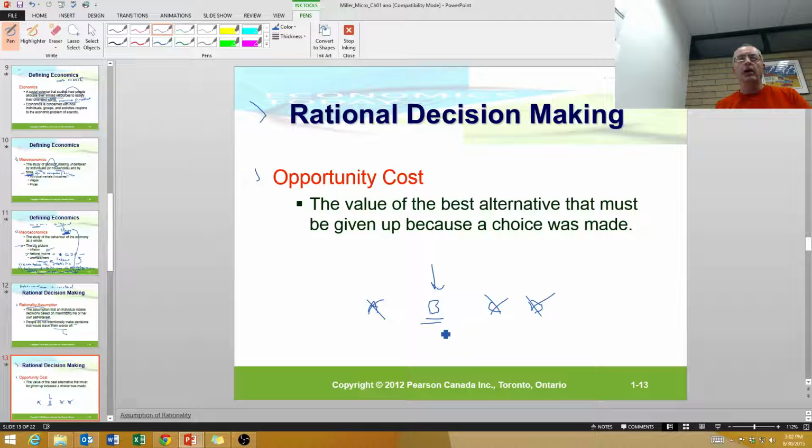What this implies is that when we select one option, there's a cost involved. Even if we chose option A, C, or D, there are benefits associated with these other options, but when we choose option B, we're foregoing the benefits of these other options. That's what the concept of opportunity cost means.